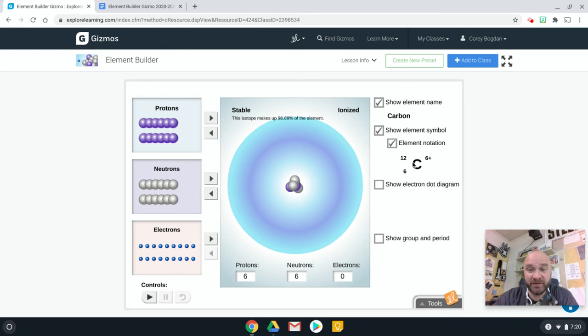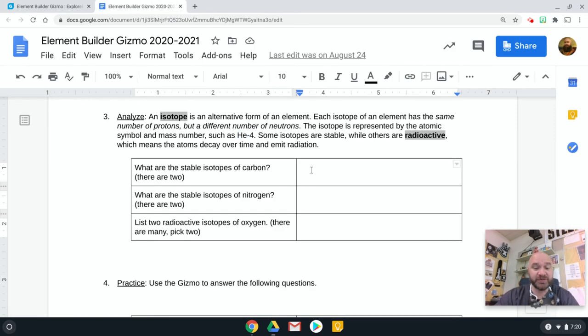We see the word stable for carbon. This is carbon with a mass of 12. So C12 is one of my answers, and so I type it as C12. Now, your job is to find the other stable isotope of carbon. So just play around with neutrons until you do.